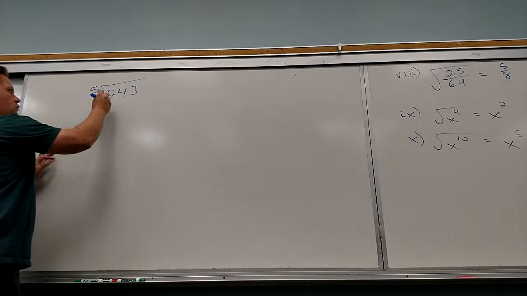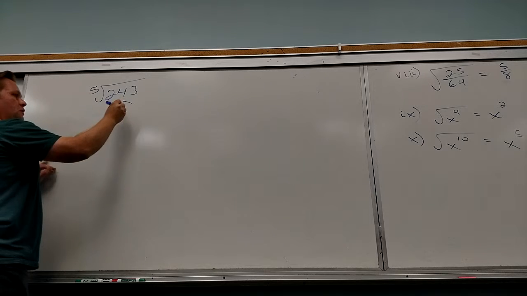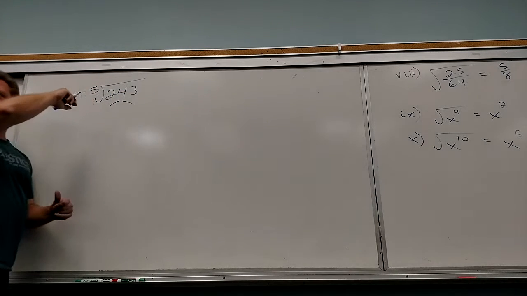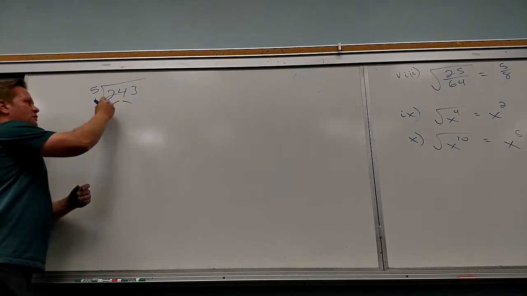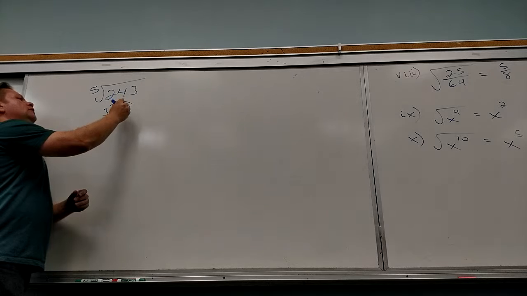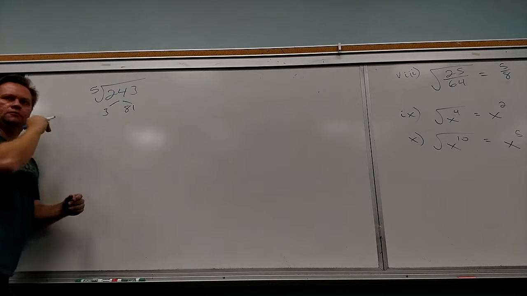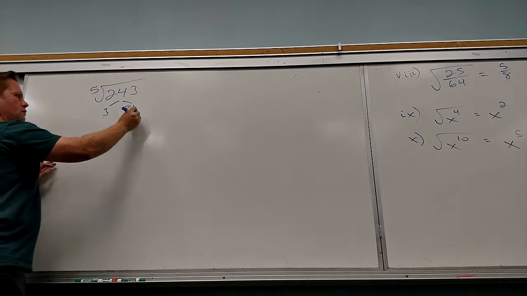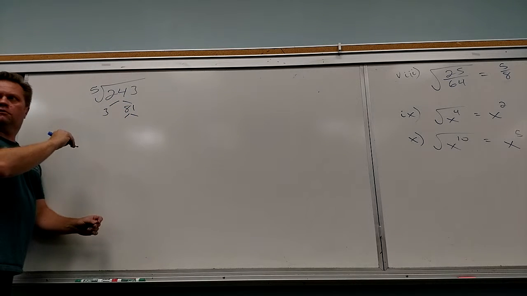So what goes into 243 for sure? 3 goes in. 3 goes into 24. 3 goes into 3. And then 81. 9 times 9.